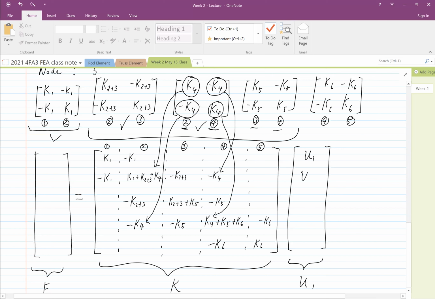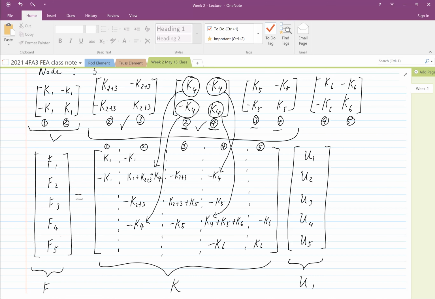Okay, let's apply the boundary conditions. Chris, in column 2 and row 2, is that K1 plus K2 plus 3 or minus K2 plus 3? Column 2, row 2 is K1 plus K2, 3 plus K4.